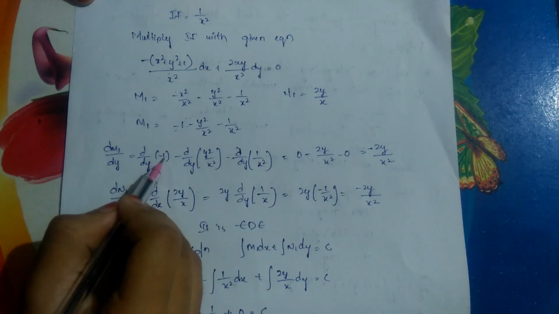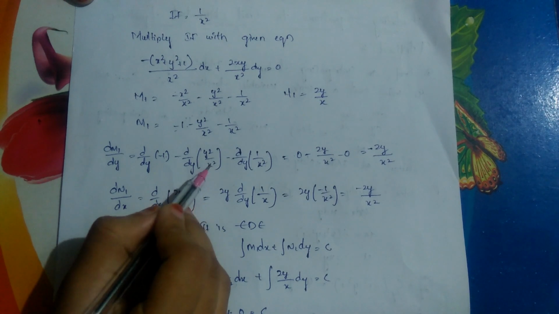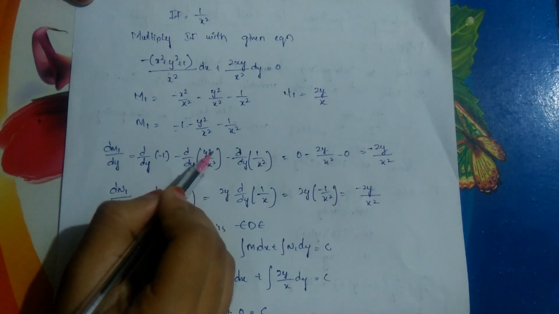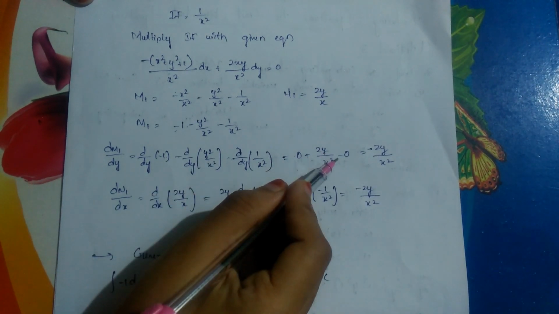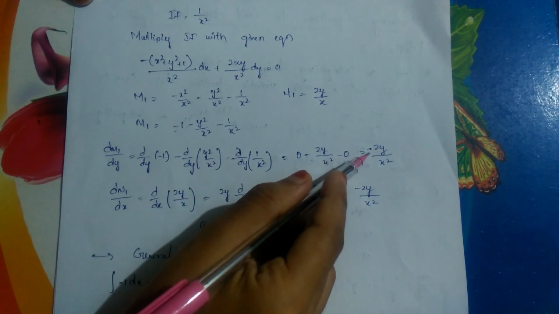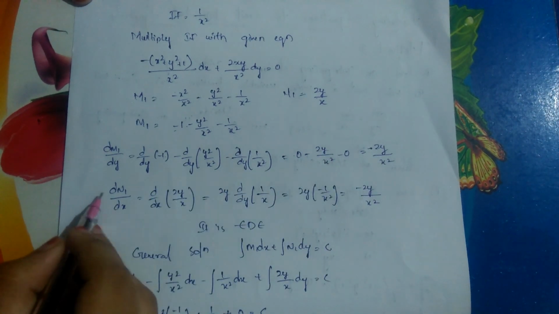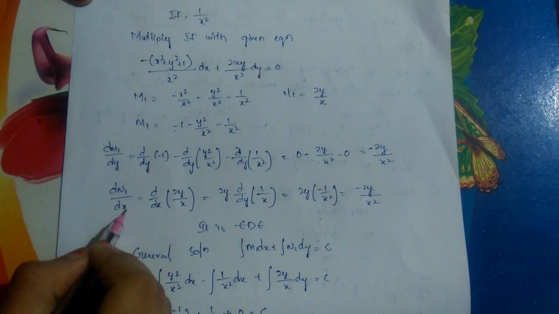The differentiation of a constant is 0, and here 1 by x square is constant, and y square differentiation is 2y. Minus, here 1 by x square differentiation becomes 0, and that gives us minus 2y by x square.